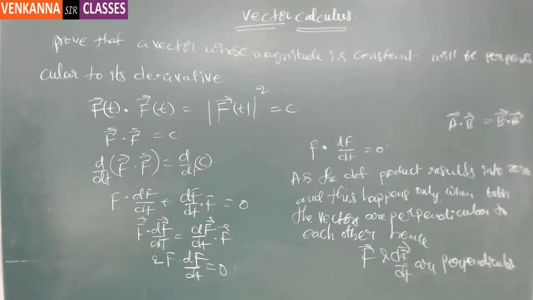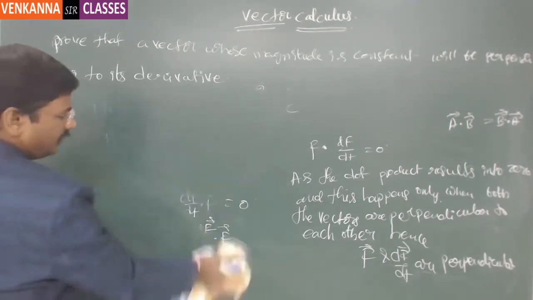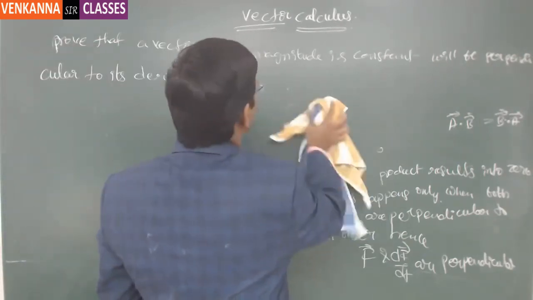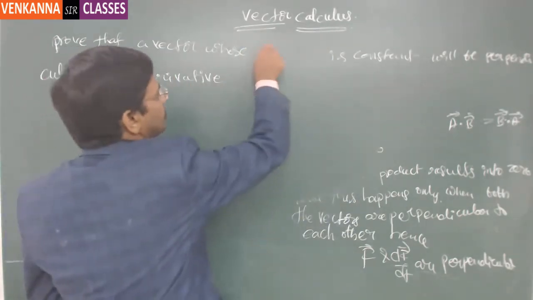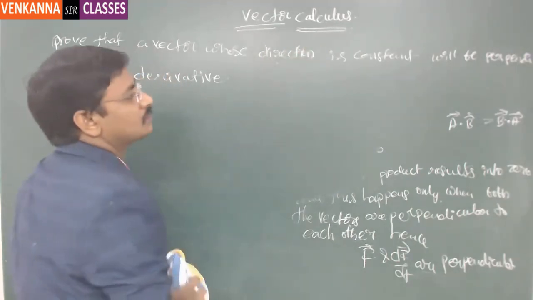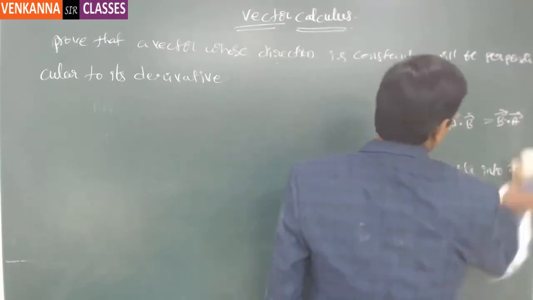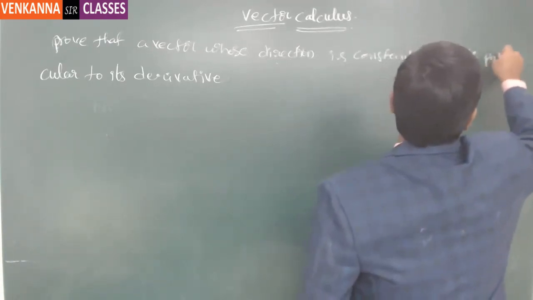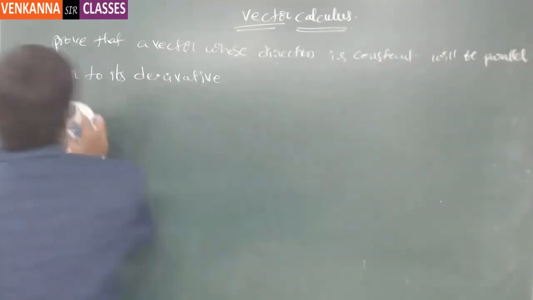Okay. Now, in a similar manner, can you prove that a vector whose direction is constant, instead of magnitude, will be parallel to its derivative, not perpendicular? Parallel to its derivative.